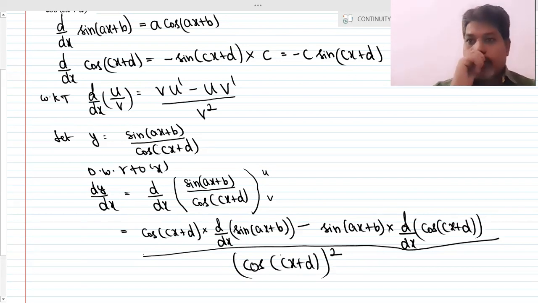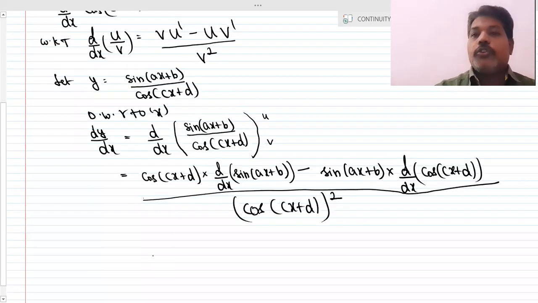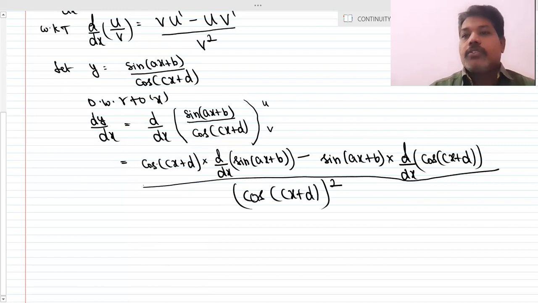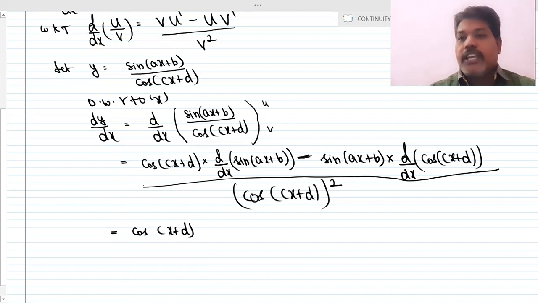See that one, students? So v into u dash minus u into v dash by v square. So in the denominator I will write cos of cx plus d.